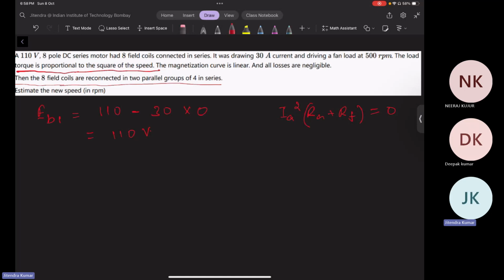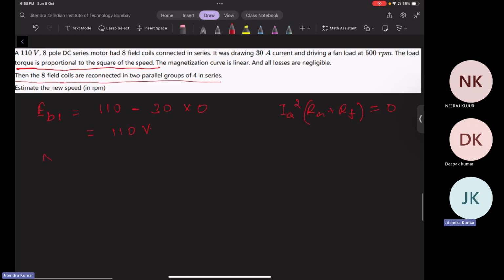So yeah, new speed will be N2, and that time current we can assume IA2.